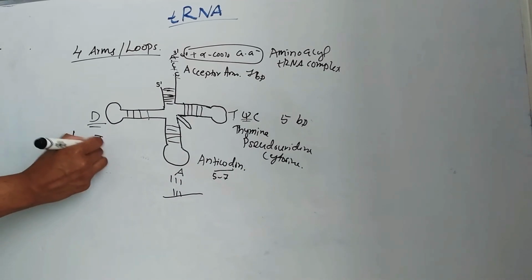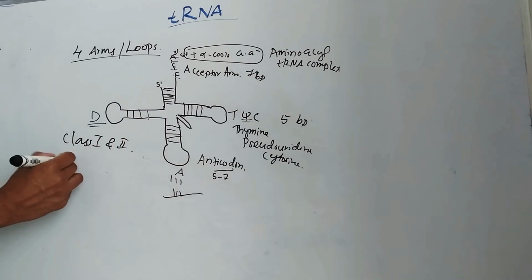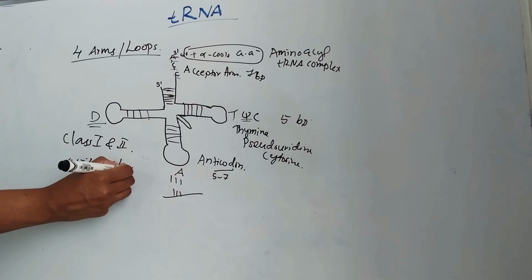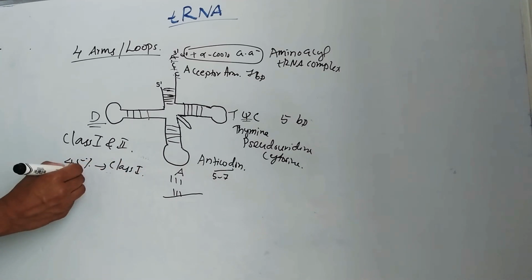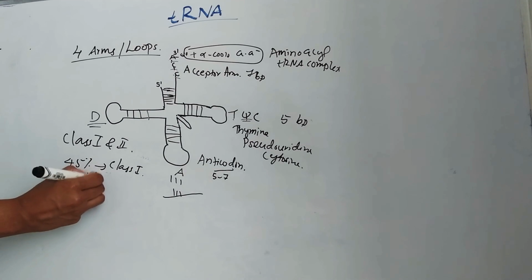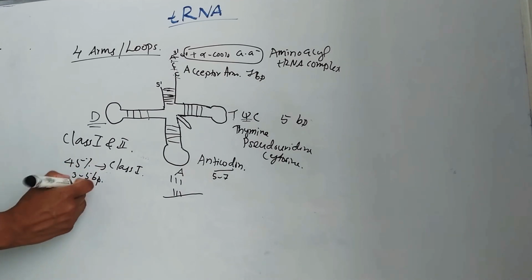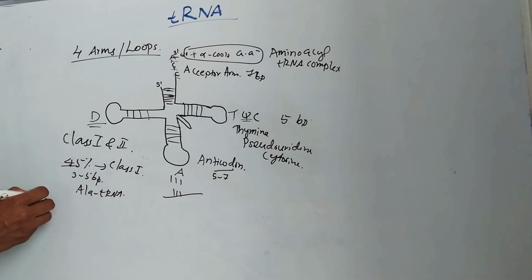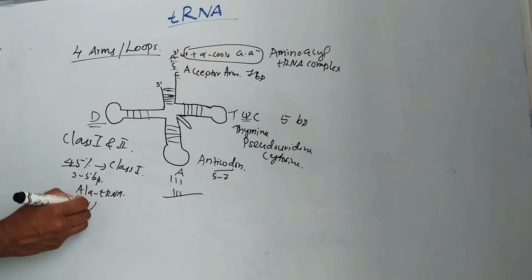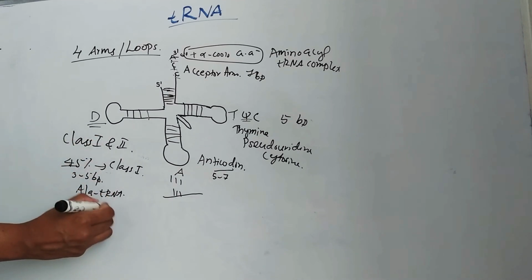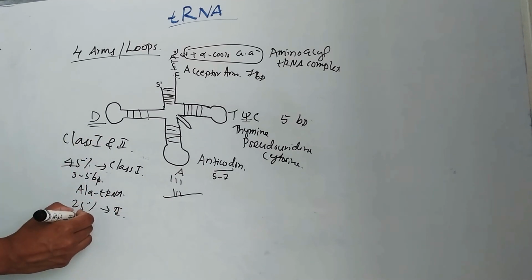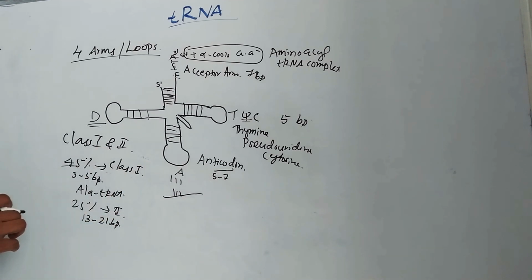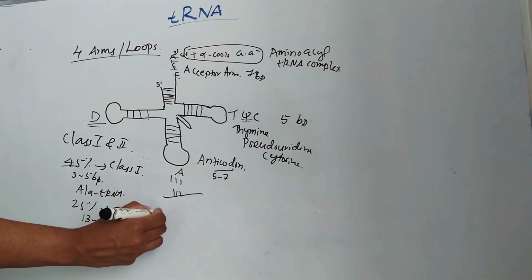About 45% of tRNA belongs to class 1, and they have 3 to 5 base pairs in the extra arm, for example, alanine tRNA. About 25% of total tRNA belongs to class 2. It has 13 to 21 base pairs in a long chain, for example, phenylalanine tRNA.